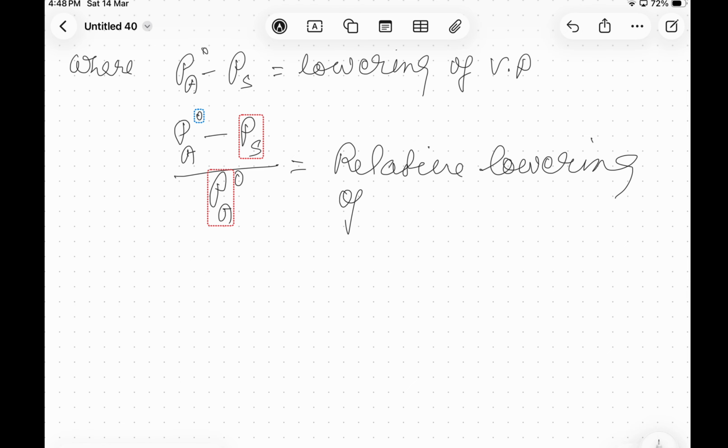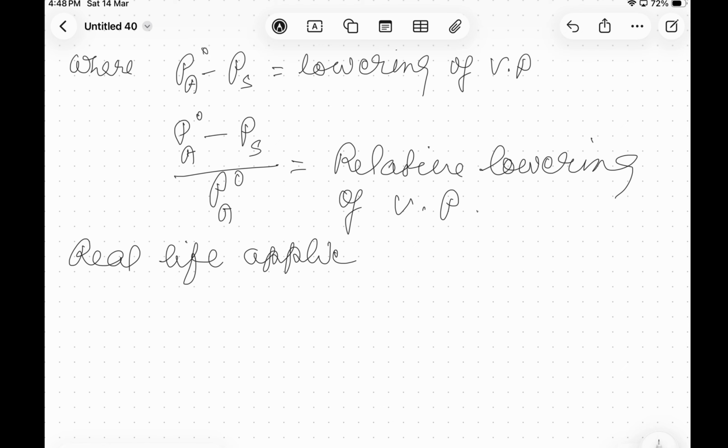Now let us discuss the real life applications of relative lowering of vapor pressure.